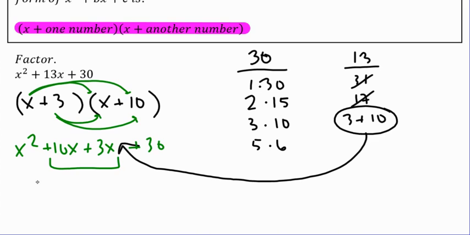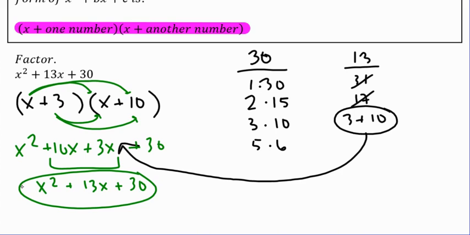Combine like terms, so I have x squared plus 13x plus 30. That's my original, so I know I'm right. So my answer to this prompt of factoring x squared plus 13x plus 30 is x plus 3 times x plus 10.